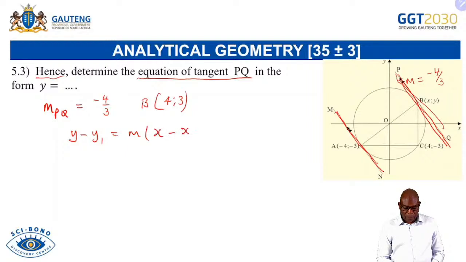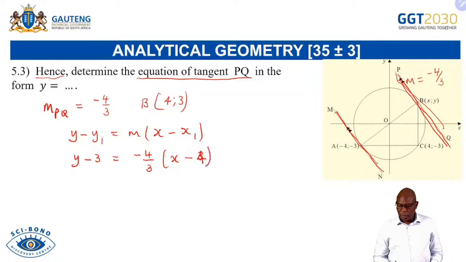Okay, now I just substitute quickly. So my y1 is 3. My gradient is negative 4 over 3. The x value, x1, is going to be, sorry, the x value is 4. All right. Now I must just work it out.